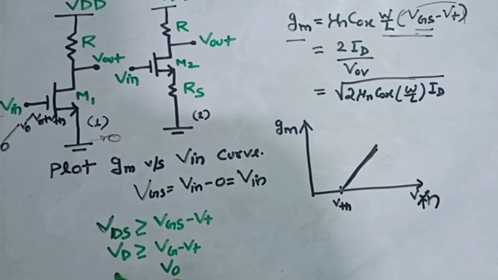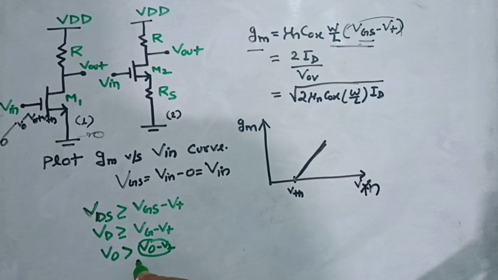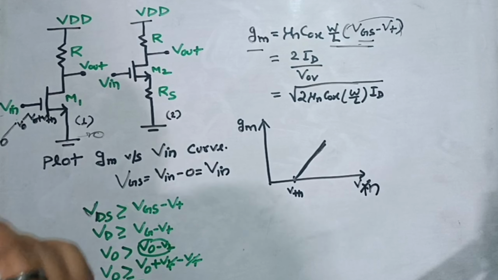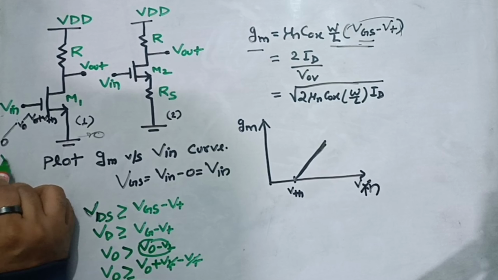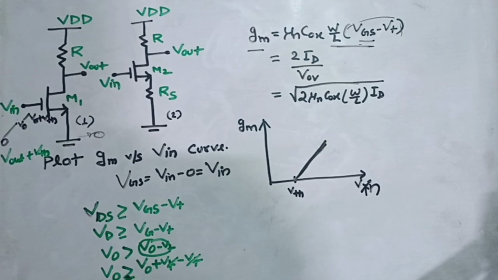In that case, your MOSFET will still operate in saturation, because this term will definitely be lesser than V0, as VT is getting subtracted here. But once your VG becomes equal to V0 plus VT, VT will get cancelled out and your VDS will be equal to your VGS here, right? That means if we make this VG slightly more than V0 plus VT, your MOS will start going into linear, right? Because this term will no more be higher than this term.